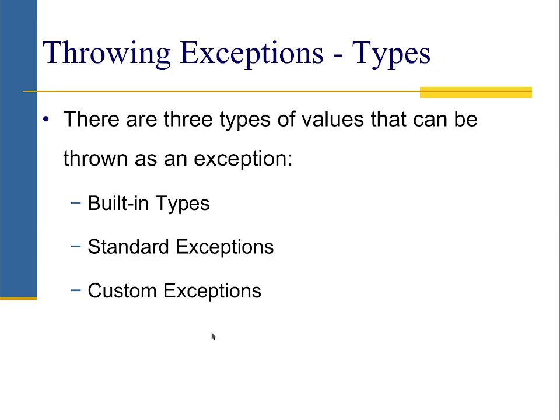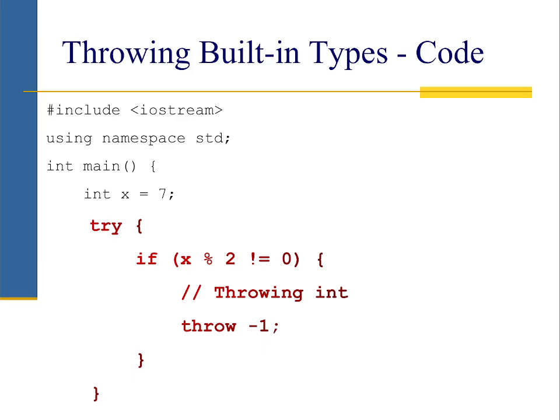There are three types of throwing exceptions: the built-in types, the standard exceptions, and the custom exceptions. Here we are looking at the built-in types. We try this block of code: we declare x to be 7, and if x modulo 2 is not equal to 0, then it throws an int, so throw -1.